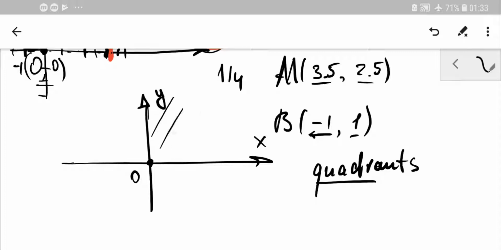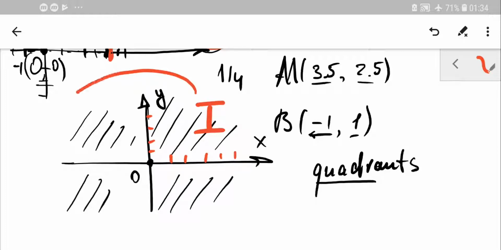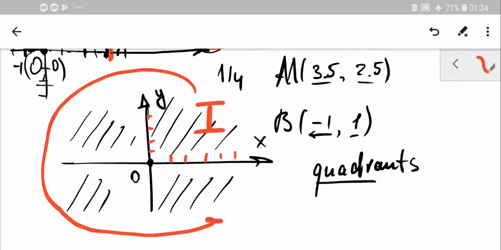So we have this quarter of the plane, this quarter, and the last quarter. We normally start counting from the first quadrant, which represents positive values for y and positive values for x. And then we move anti-clockwise, all right? So that's the second quadrant, the third, and the fourth.